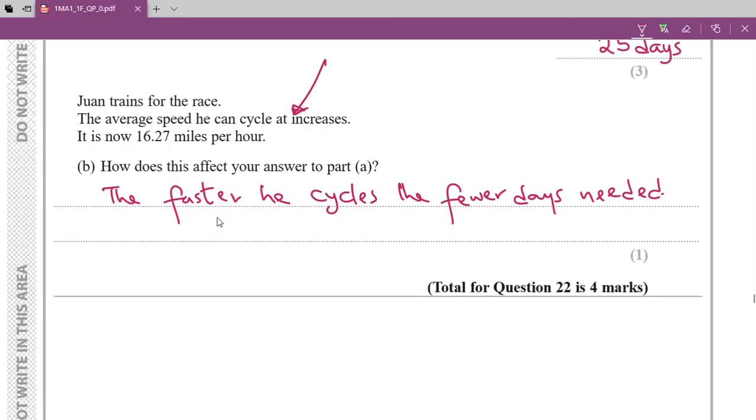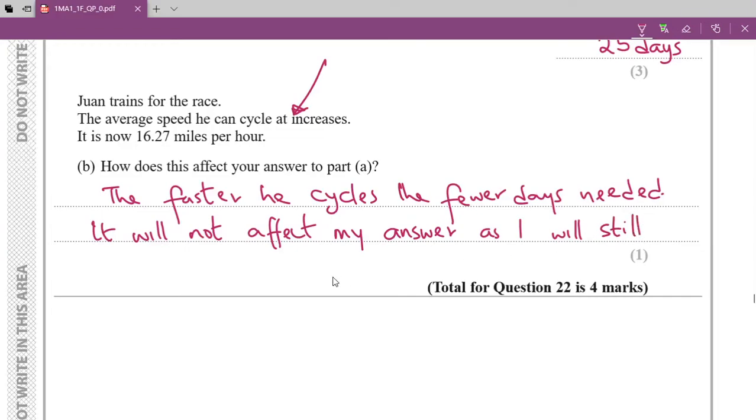So I'm going to write down: it will not affect my answer, as I will still round to the same numbers.